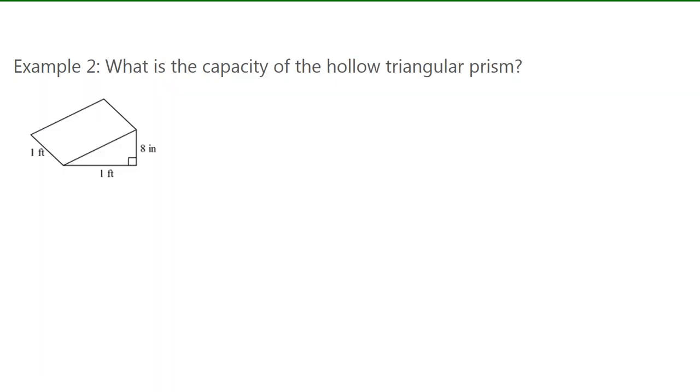Now example 2 says, what is the capacity of the hollow triangular prism? So once again, we need to determine the area of the base and multiply that by the height.